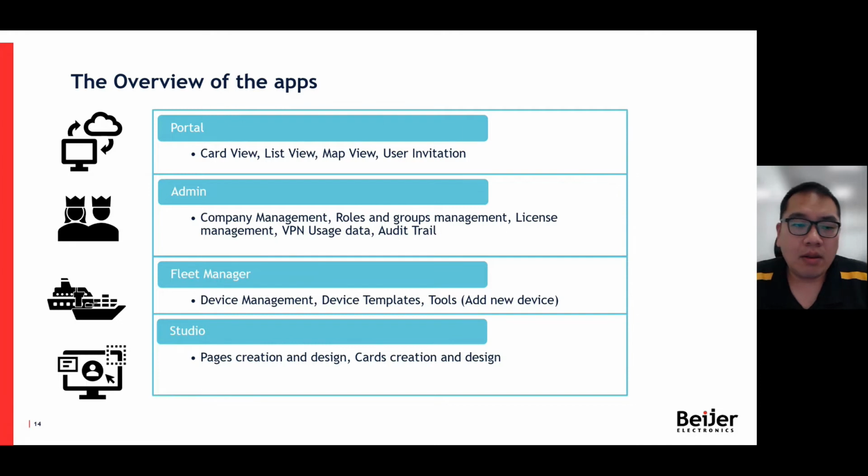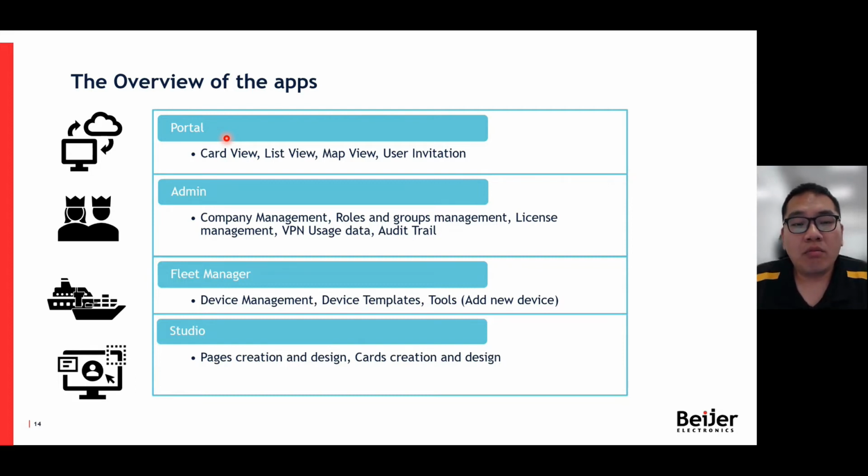Number one is the portal app, which gives you the card view, the list view, the map view, and where you invite users. Number 2, we have the admin app. The admin app gives you company management, roles and group management, license management, and of course the VPN data usage and audit trails as well.